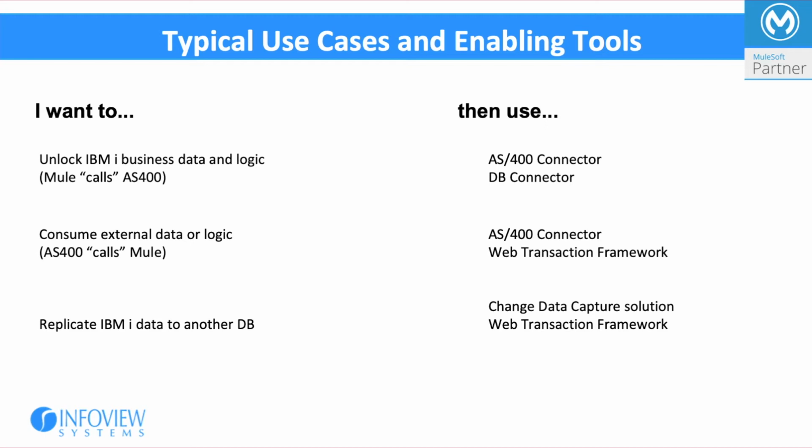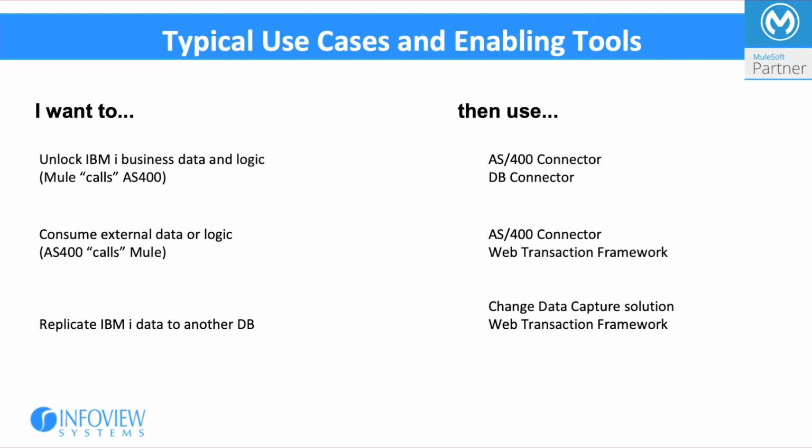One use case would be MuleSoft calls the AS400 or unlocks the IBMi business data and logic. In this scenario, we need to use the AS400 connector. Also, in certain scenarios, we can use the DB connector. But the difference is, by using the DB connector, we can just query the tables, but we cannot do program calls or command calls, access the data queues, or post messages to the data queues.